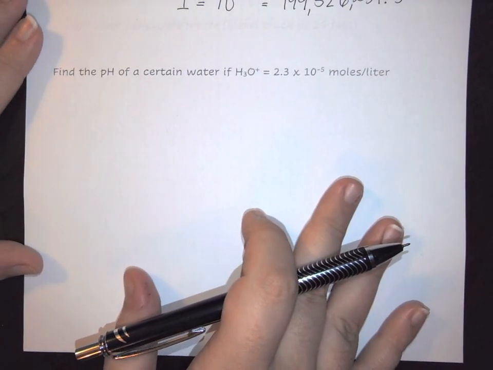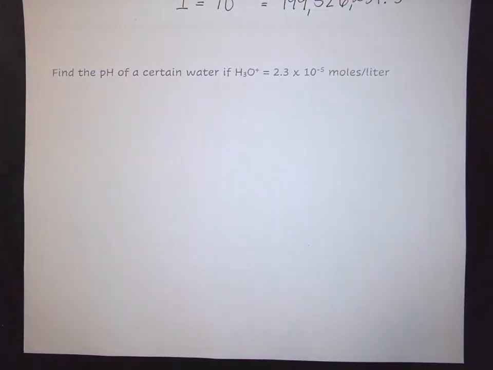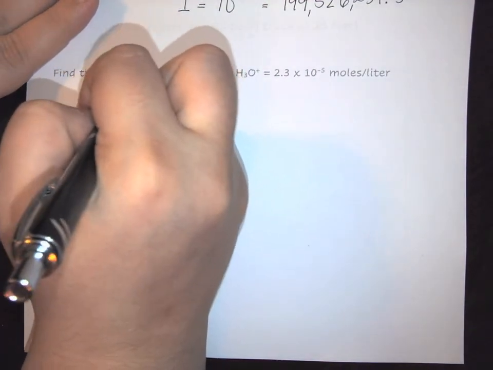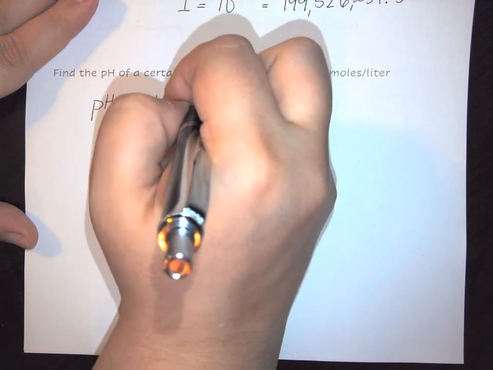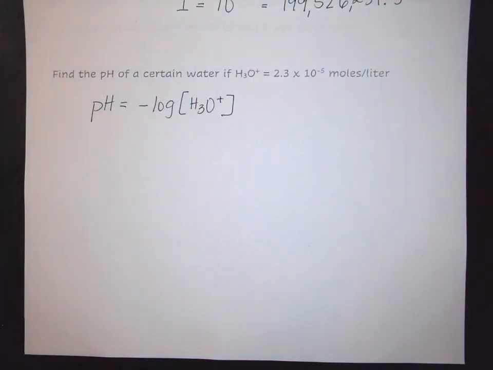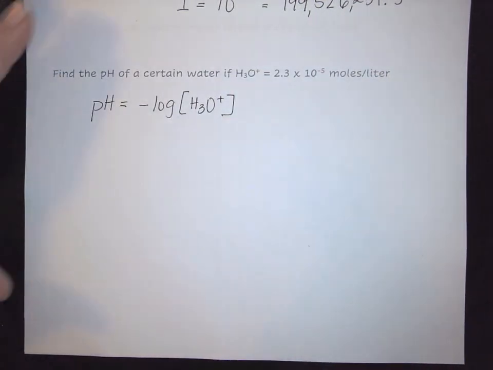Alright, another real-world example for using logs is finding the pH of water given a certain concentration. And so we have a formula that we use here to find pH. So your pH is calculated by the negative log of your concentration. Okay? And so essentially what you're given in this problem is your concentration value and you have to find the pH.